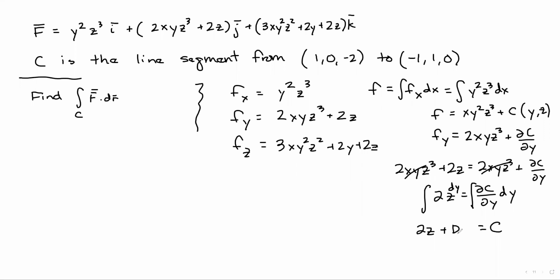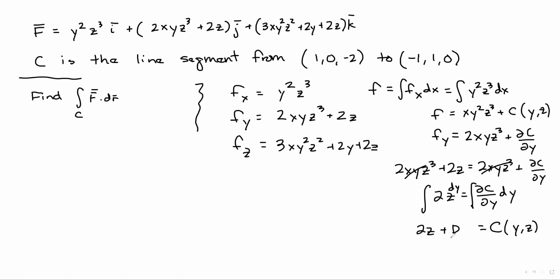Okay, and now here's the thing. When we went through and integrated this with respect to y, we said that c could have y or z stuff in it. And so if you find the antiderivative of this with respect to y, you're saying that if I differentiated this with respect to y, I would get 2z.